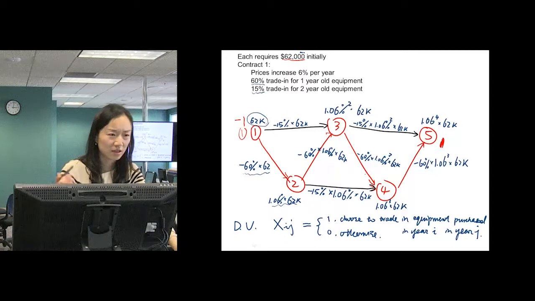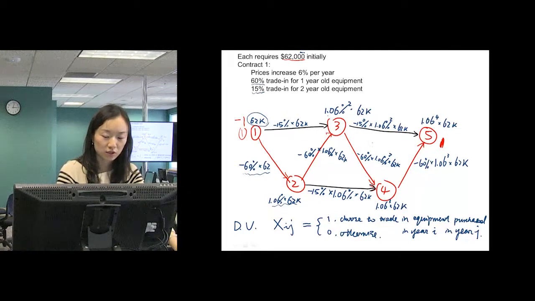Okay, you guys see what I'm saying? You have to make sure that if you start trading in the third year, then you either traded already from 1 to 3 or 2 to 3, if you model it in a different way. But modeling it in this network problem format is much, much easier.